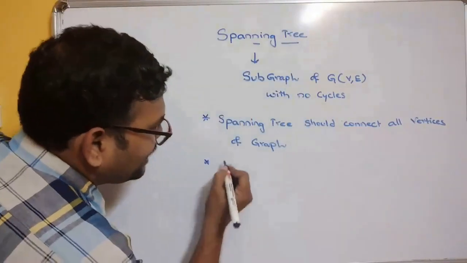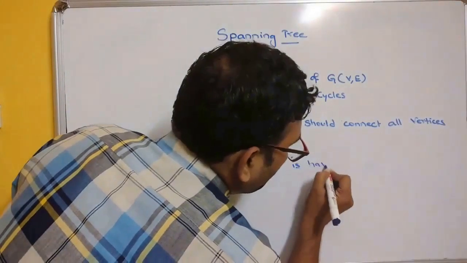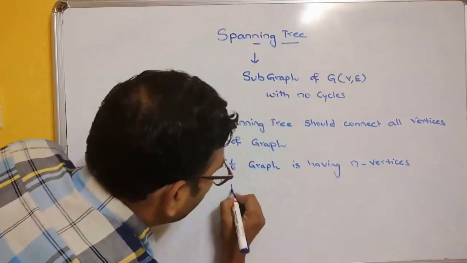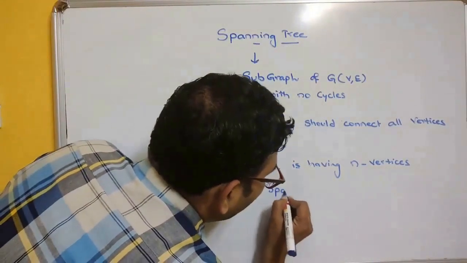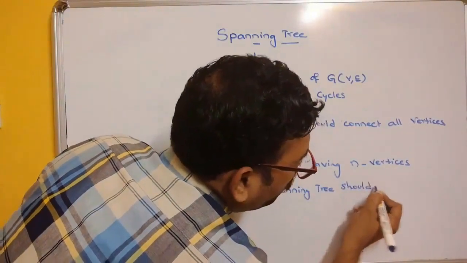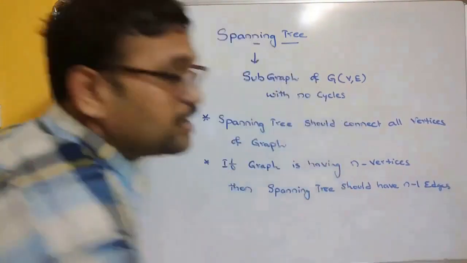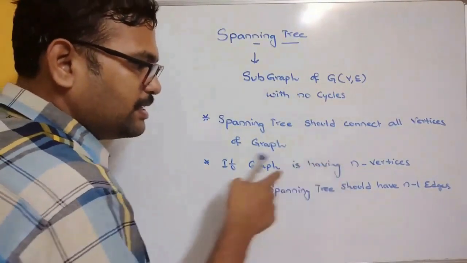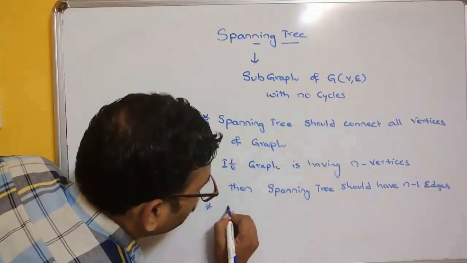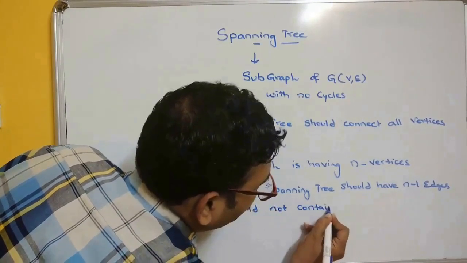And the second one, if the graph has n vertices, then the spanning tree should have n minus 1 edges, right? So n vertices in the graph, then the spanning tree will have n minus 1 edges. And the third one, it should not contain any cycles.